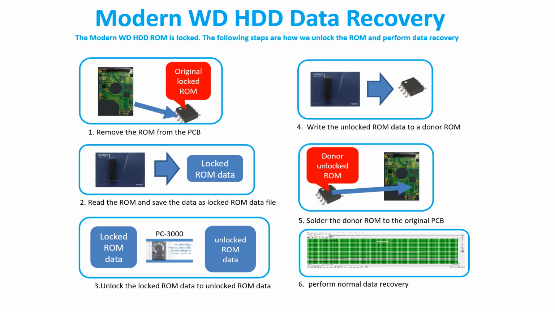We use the PC3000 Professional Data Recovery Tool. Step 4. Write the unlocked ROM data to a donor ROM. 5. Solder the donor ROM to the original PCB. 6. Perform the normal data recovery.